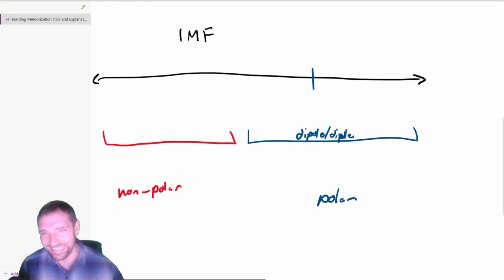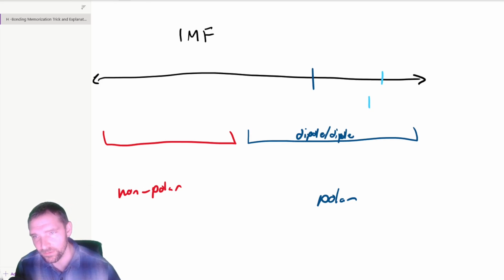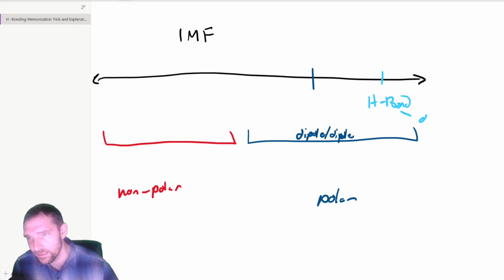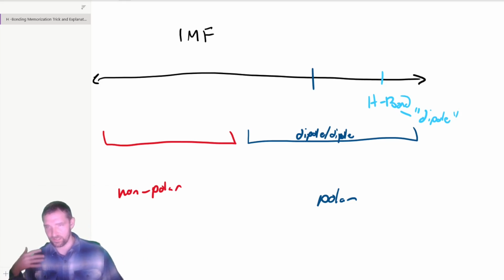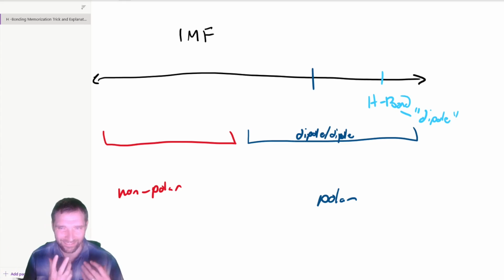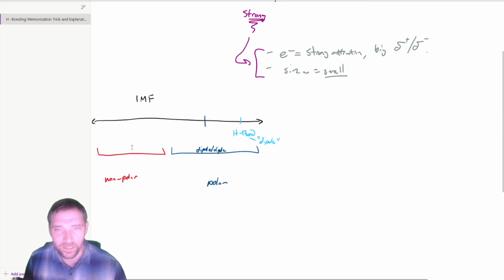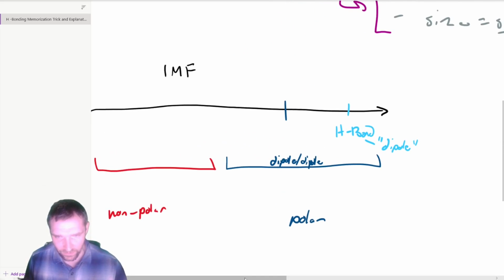But within that category, there's also something called a hydrogen bond. This is just a strong version of a dipole because they still have two poles. So there's like a hydrogen, which is a positive end, and maybe an oxygen, which is a negative end. So they still have a dipole-dipole interaction, but this is stronger than the other ones due to those factors that we were talking about earlier. So hydrogen bonds are very, very strong.